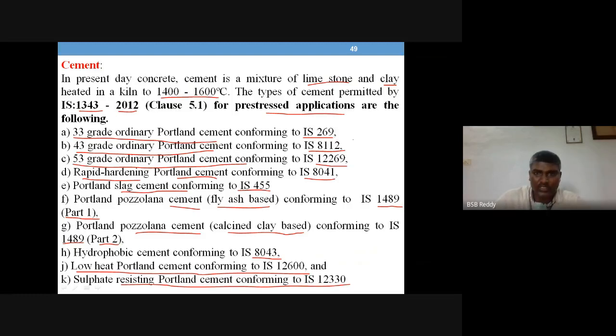So other than these three, the remaining are for specific purposes.